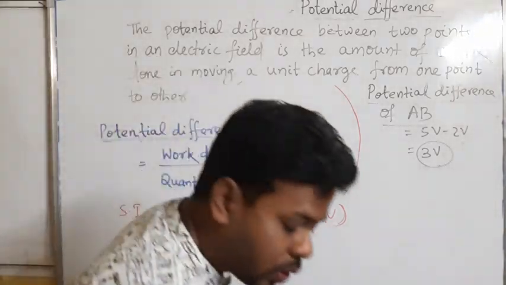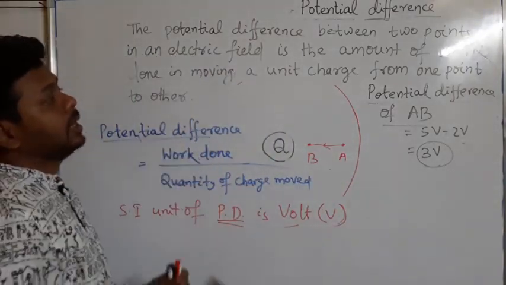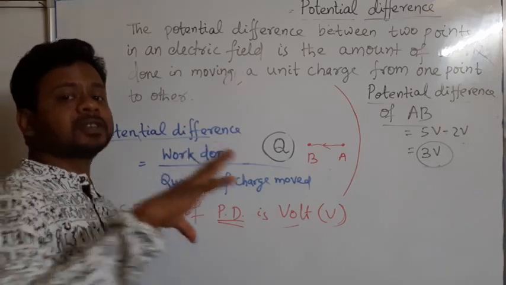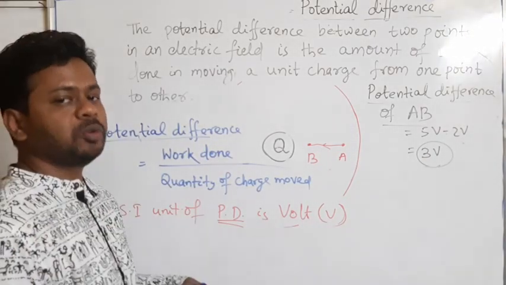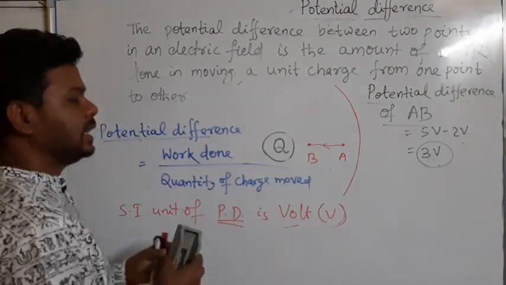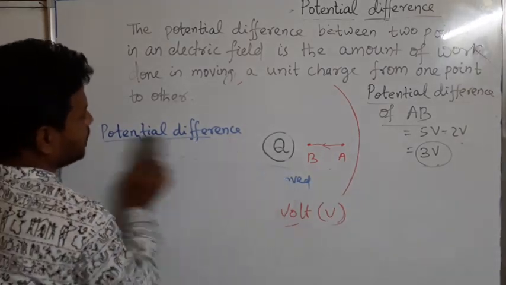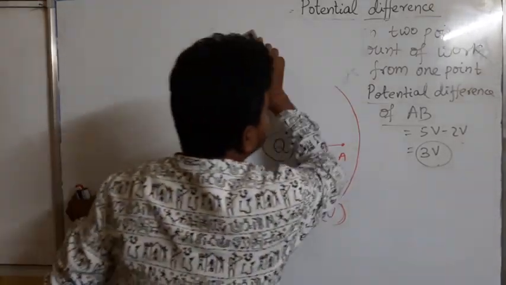Then how can you apply this potential difference in an electric circuit? Practically, how can we apply the potential difference? Okay, you see, we will take one example now.